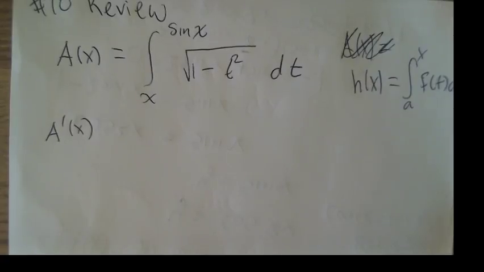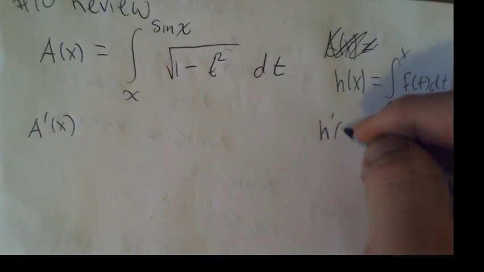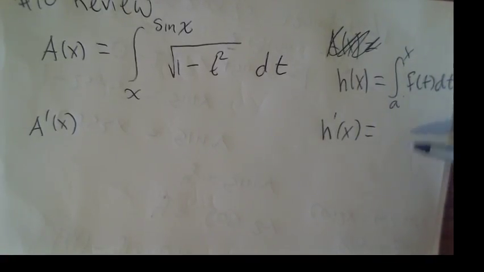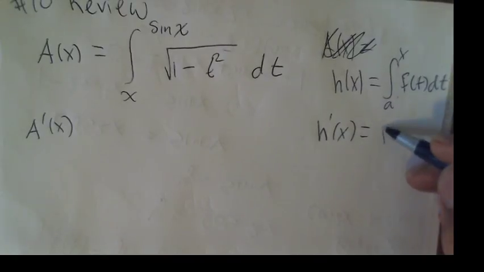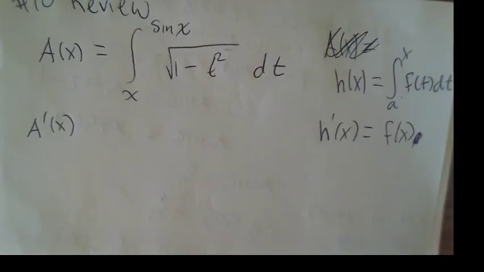Okay, so if I have something like this, again, t is our dummy variable. So when we take the derivative of this, h prime of x, what we'll get is simply just f of x.